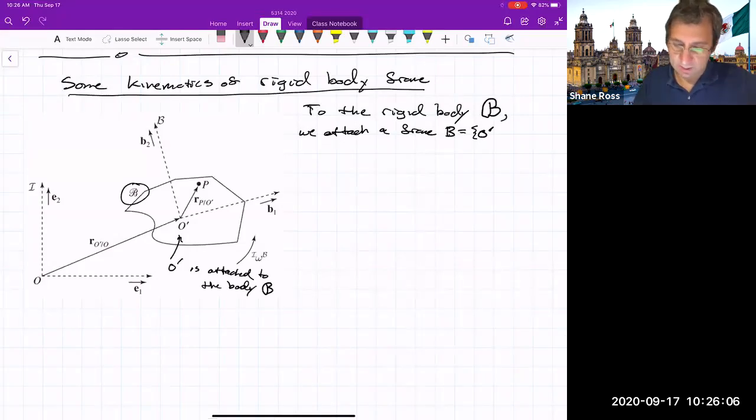Fancy B. And then we've got 2 unit vectors that define the body fixed frame.